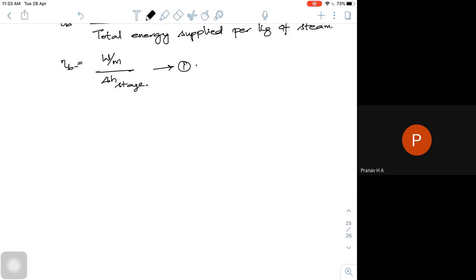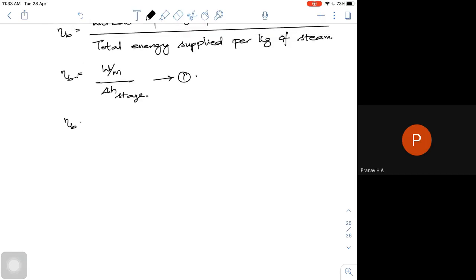If I substitute, your blade efficiency is equal to, so what is the work done expression?